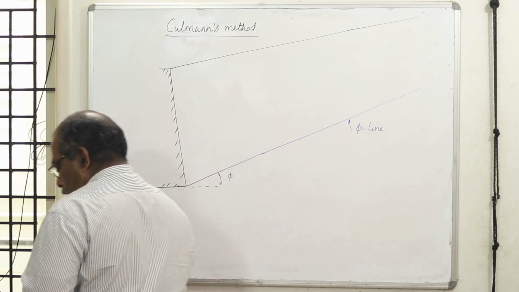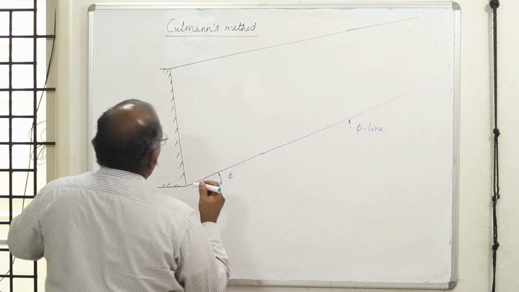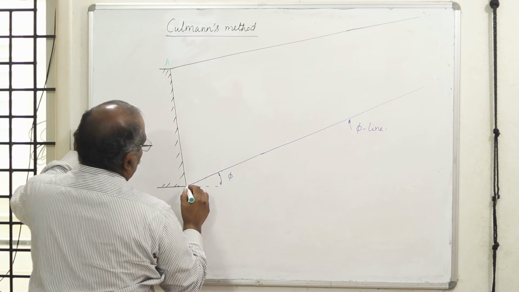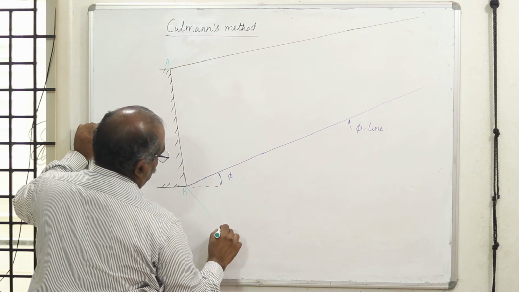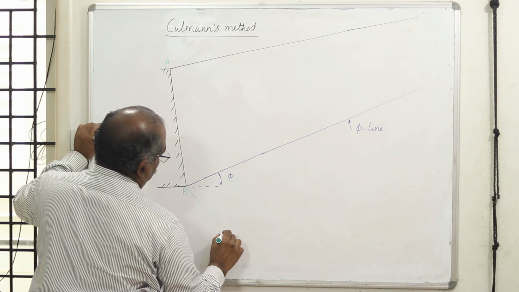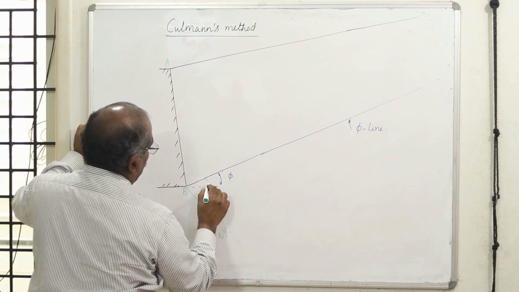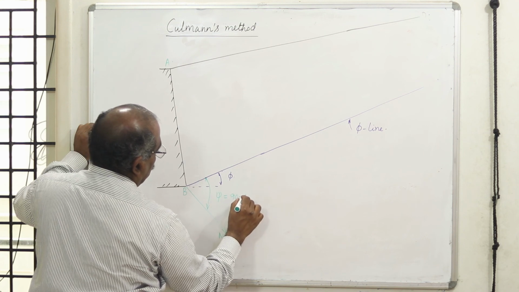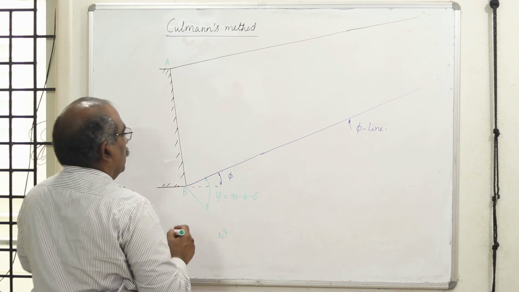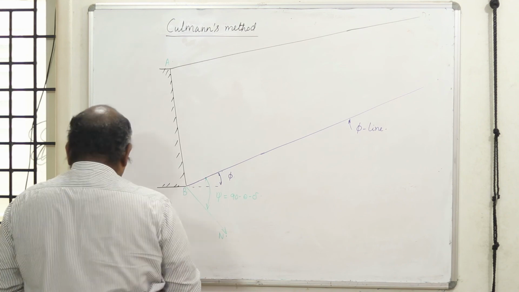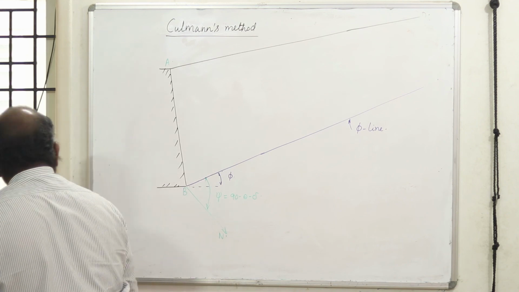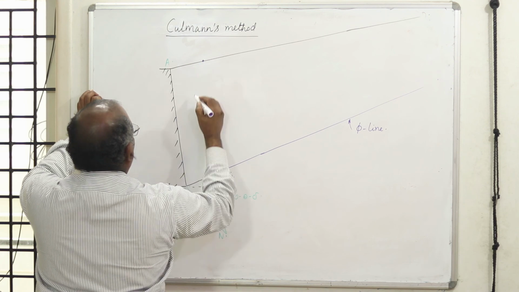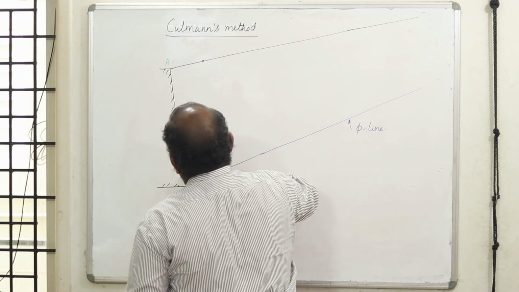Then I'll draw a line BN, which is inclined at an angle psi, where psi is equal to 90 minus theta minus delta. Now afterwards, Culmann said that you select any point here and try to form a triangle.